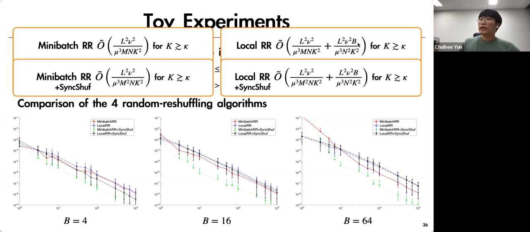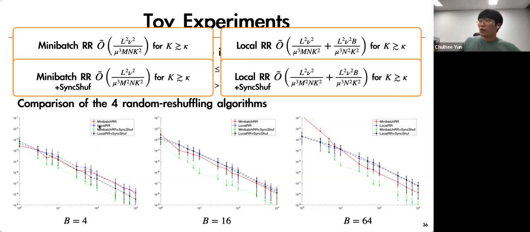Second, if we compare the performance of mini-batch random reshuffling without and with synchronized shuffling, these are the red and green curves, we can see that there's a consistent gap irrespective of the value of B. This is consistent with our theoretical results.